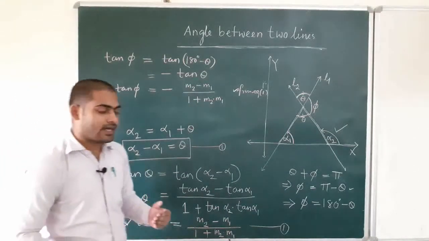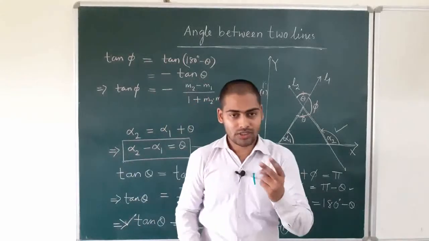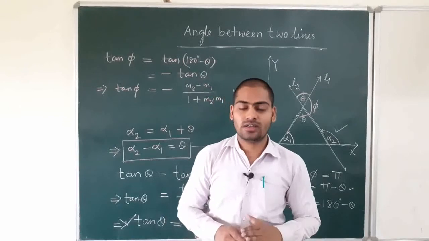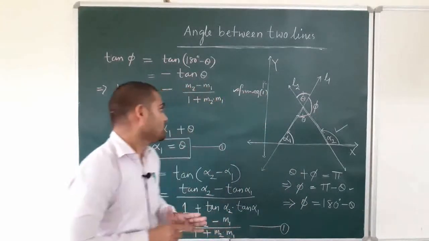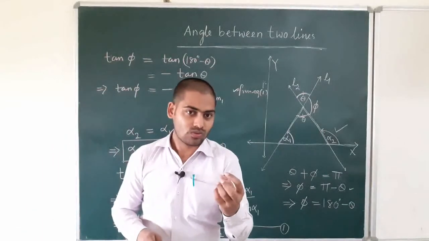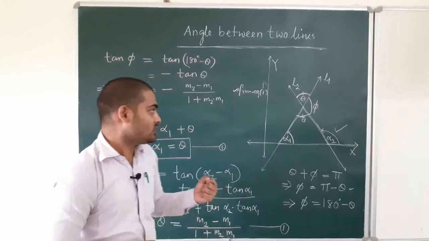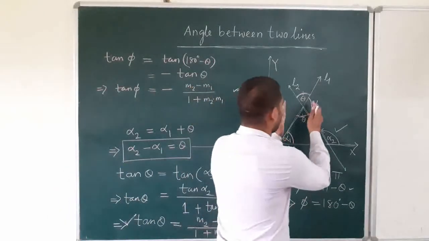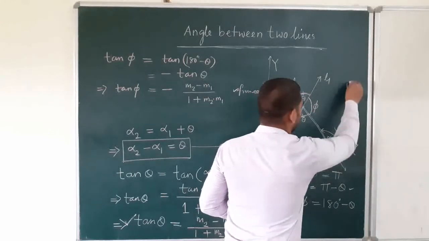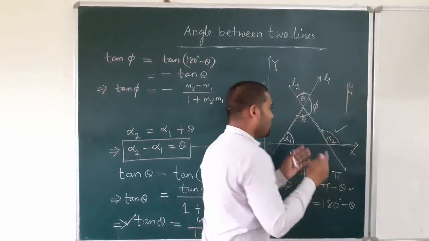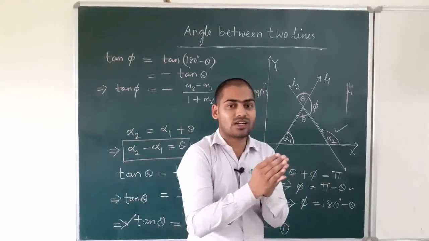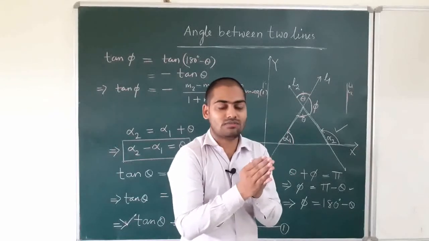So we get the angle between two intersecting lines, both negative as well as positive. Also you may get 0. When do you get 0? When they overlap, meaning the angle between the two lines L1 and L2 is fully overlapping, the same line, or they may be parallel, when the angle between them is 0 degrees.